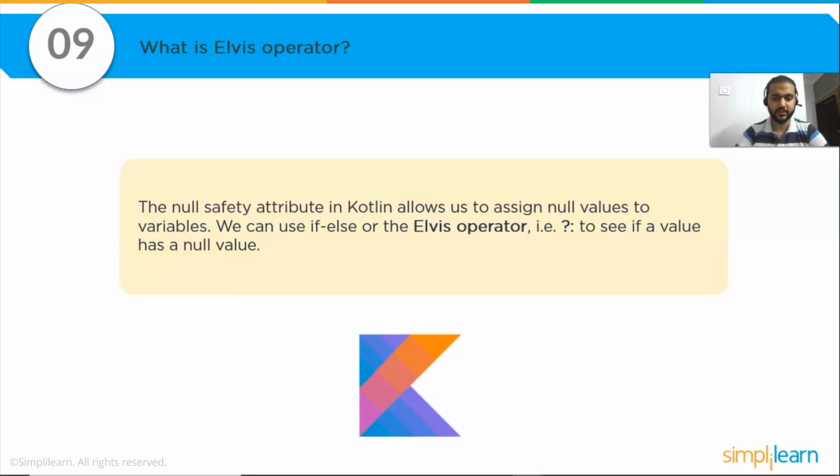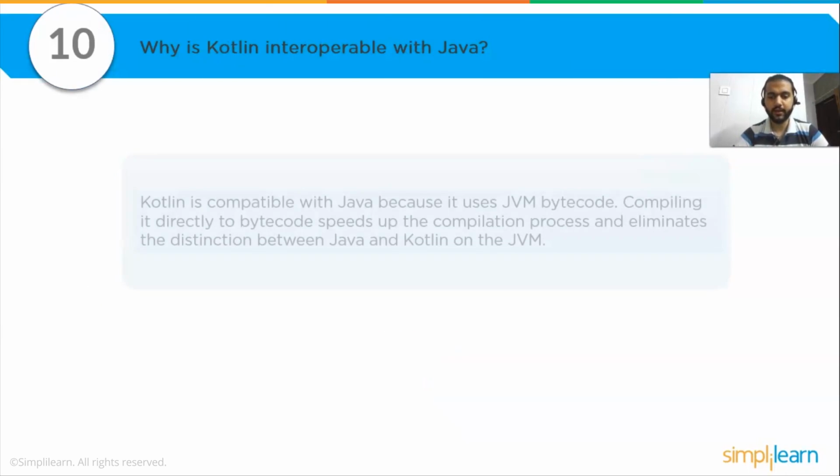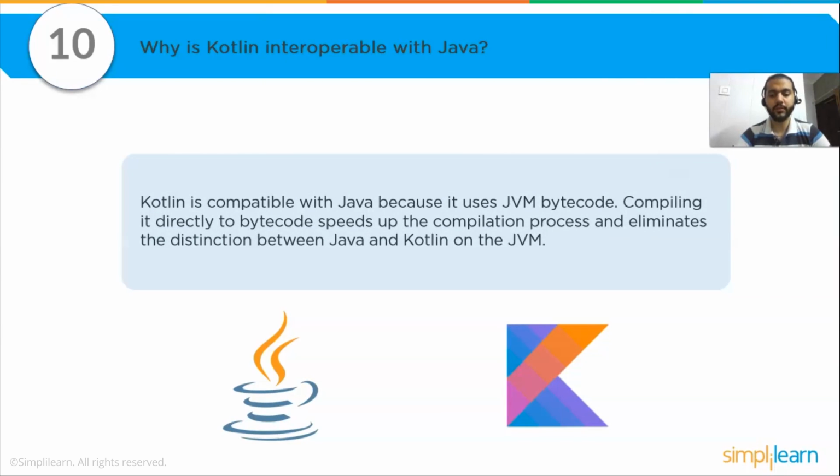Now our next question is, why is Kotlin interoperable with Java? So this is our 10th question. Kotlin is compatible with Java because it uses JVM bytecode. JetBrains places a strong emphasis on Kotlin's interaction with existing Java code while building compatibility.